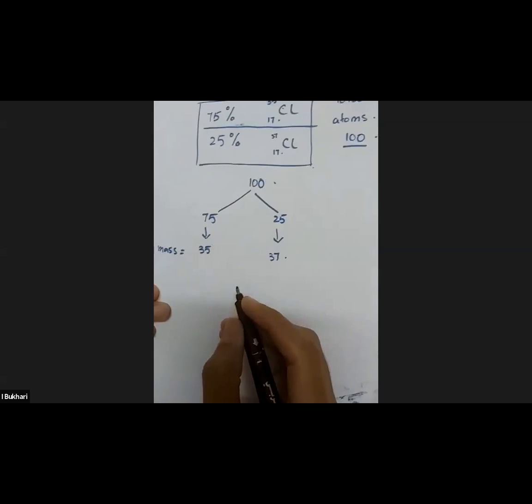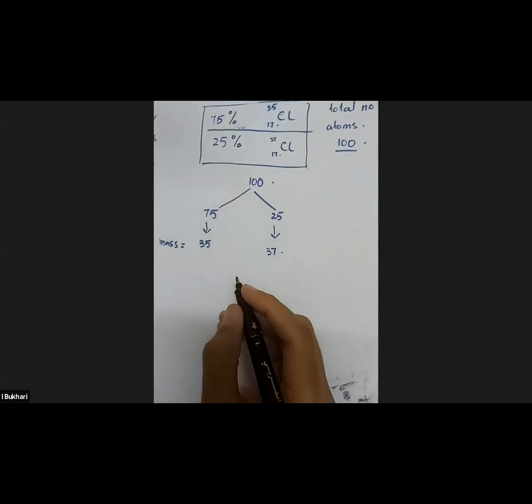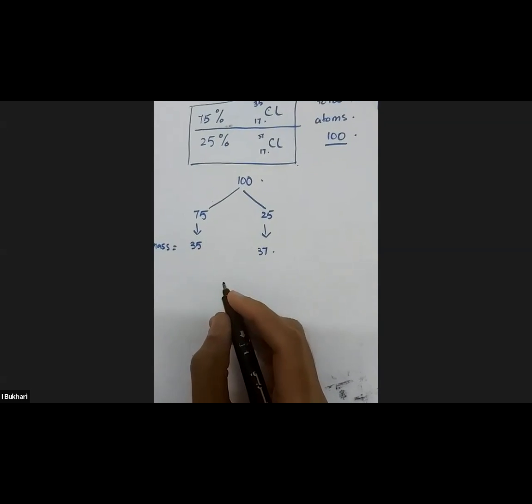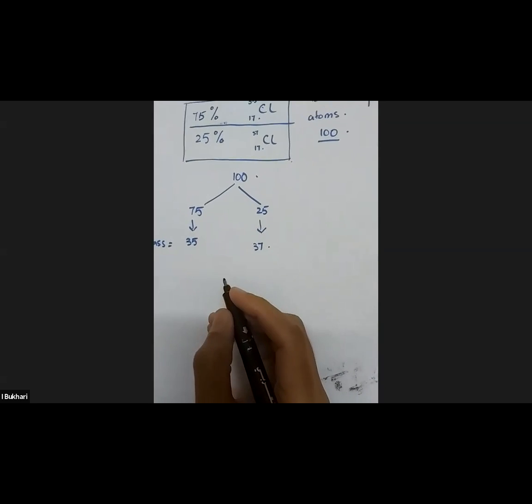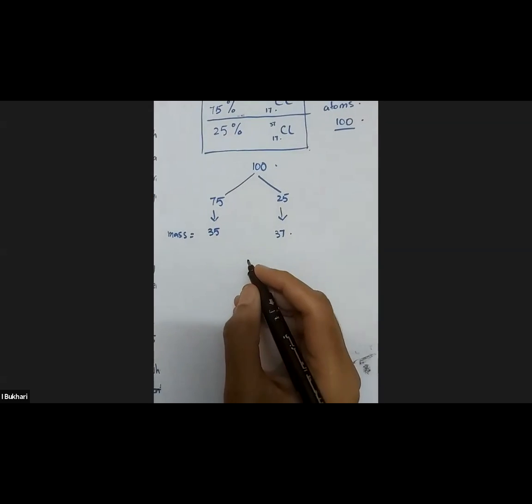So what does the teacher do? She adds the marks that each student got and then divides the sum by the total number of students, right? Isn't that correct?